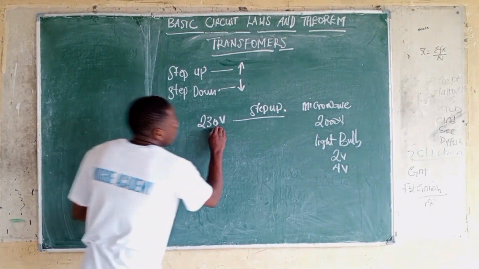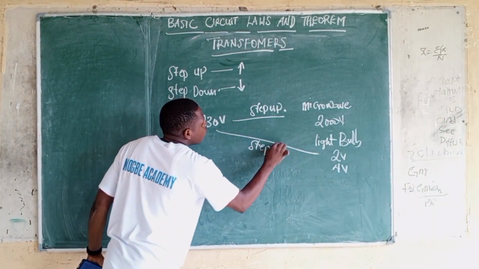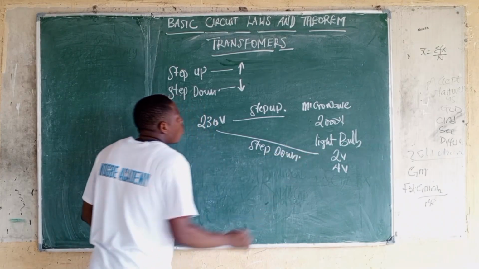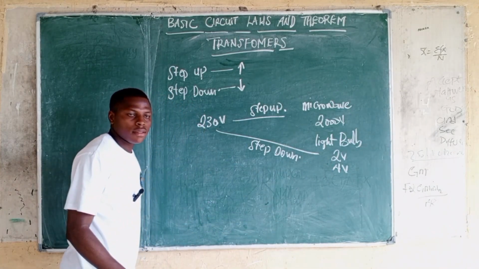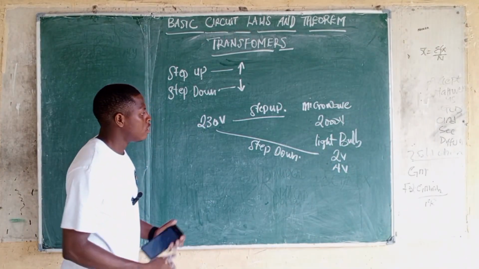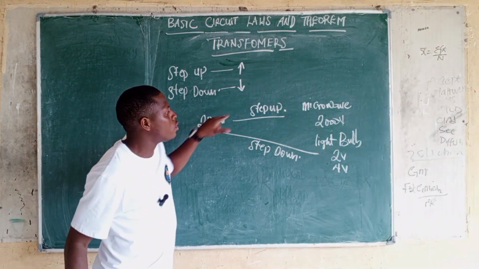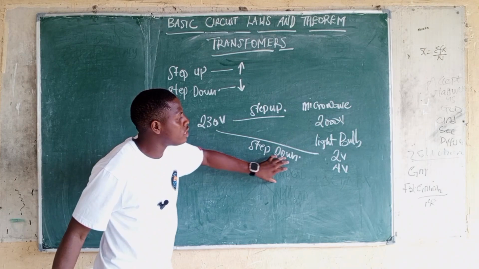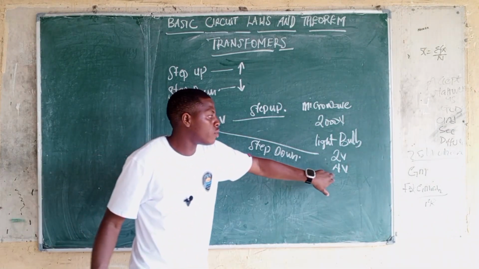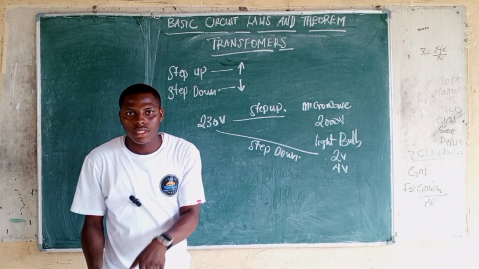So your transformer comes into play by stepping down, or reducing this 230 volts to this one here. You understand? So for your microwave, it increases the voltage; for your light bulbs or your cell phones, it reduces the voltage to the required amount that your light bulb or your cell phones need.